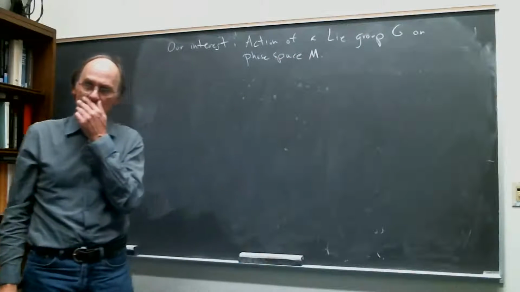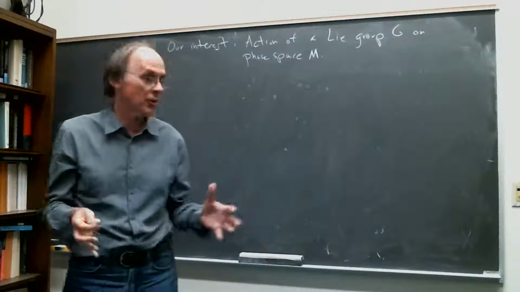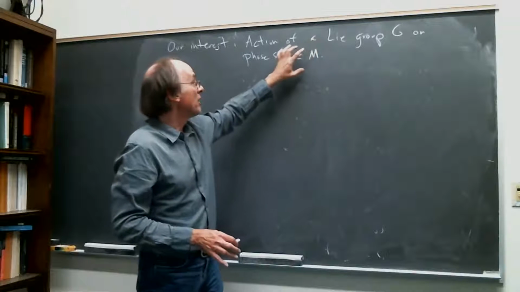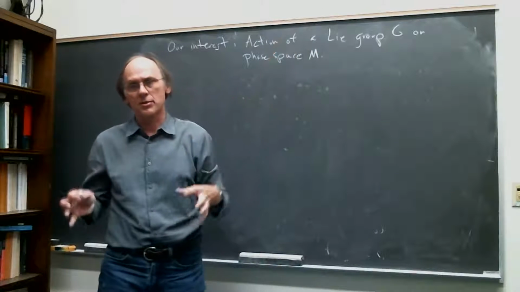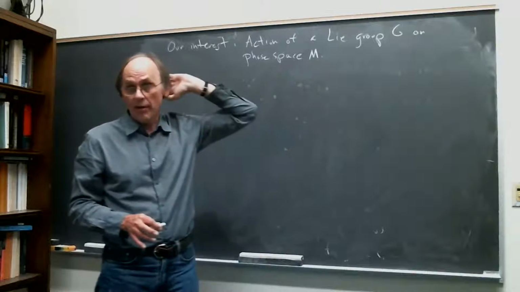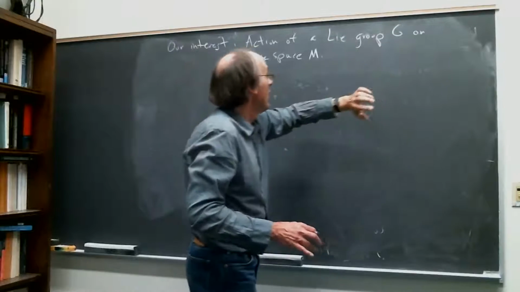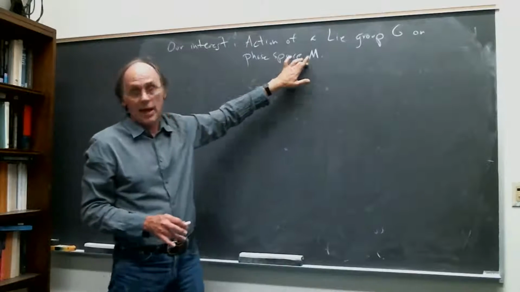This is what we're ultimately trying to get to. These phase spaces that we're talking about characterize some kind of physical system, and we're interested in symmetries of physical systems. So we're interested in cases where there's a Lie group that acts on M.